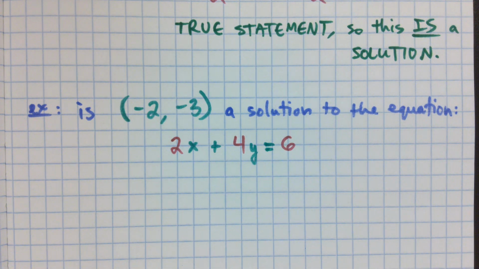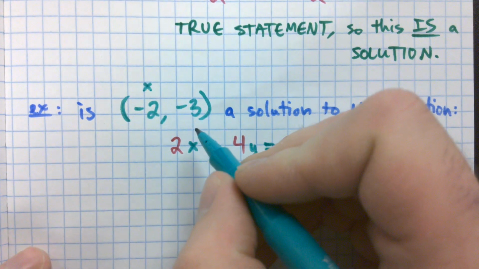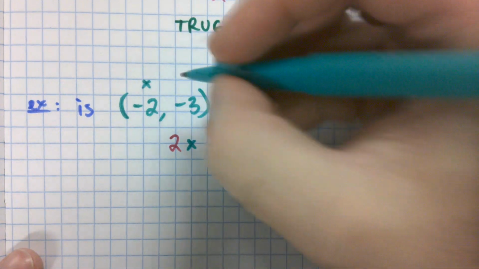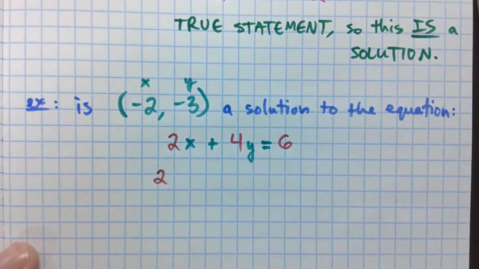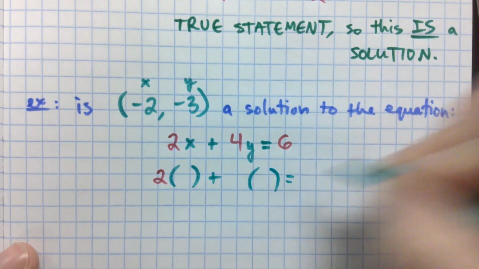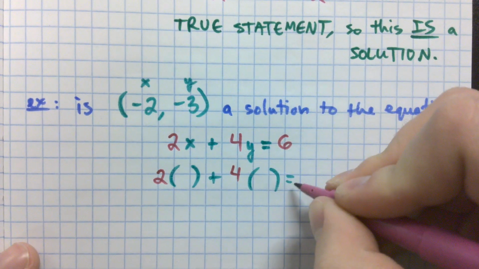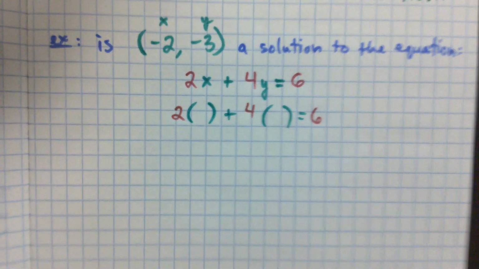So, in this point, -2, -3, what's my x coordinate? -2 or is it -3? -2 is my x, which means that -3 is my what? Y. So we're going to take out our variables, x and y.